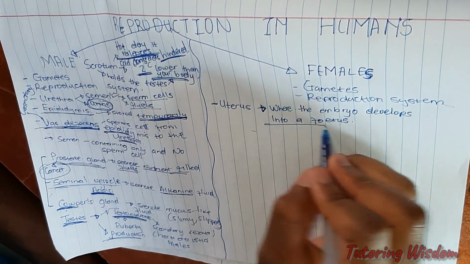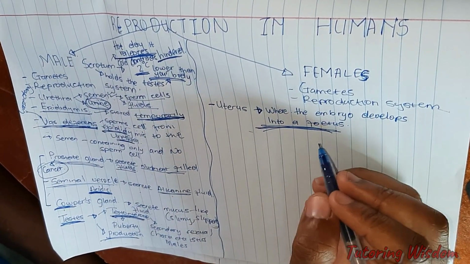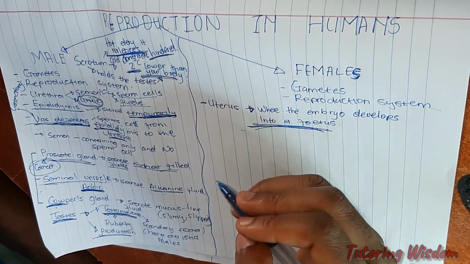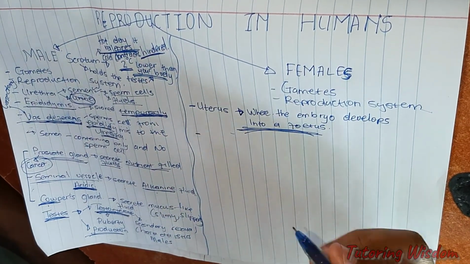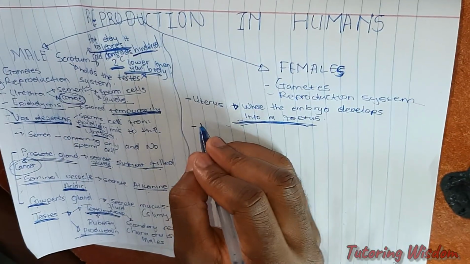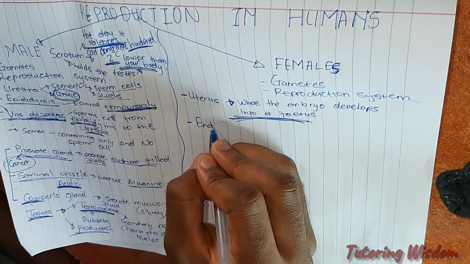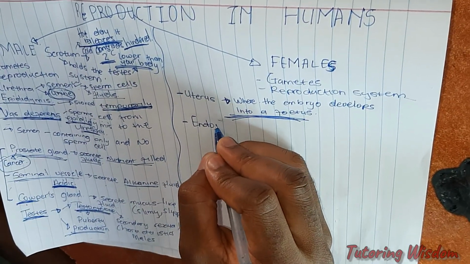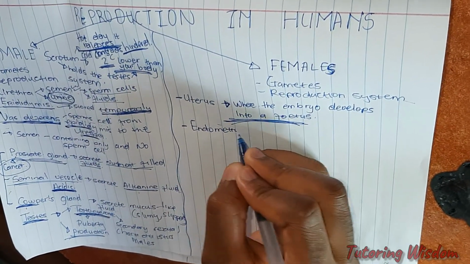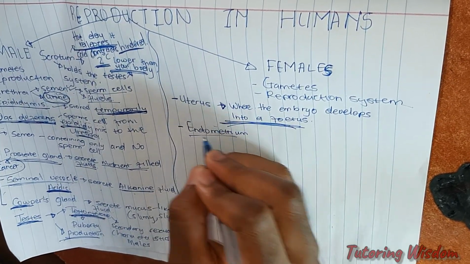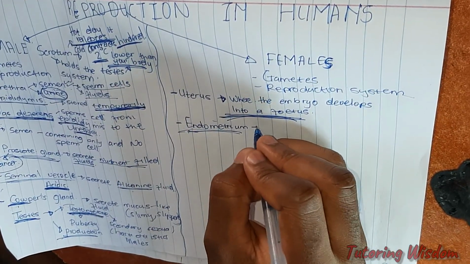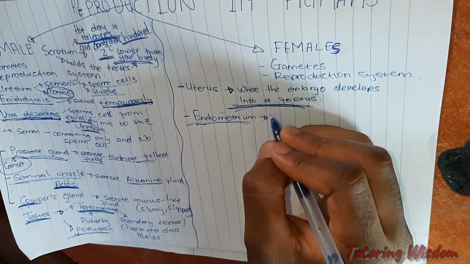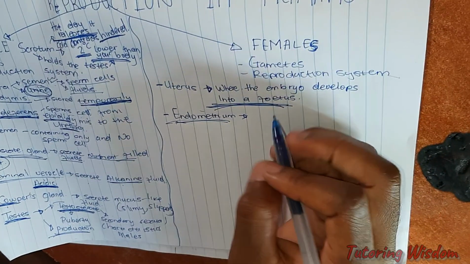So remember, the embryo attaches itself to the wall of the uterus. So now we have to know what is the wall of the uterus. That wall is called the endometrium. So that's the wall of the uterus, where the attachment of the embryo happens.